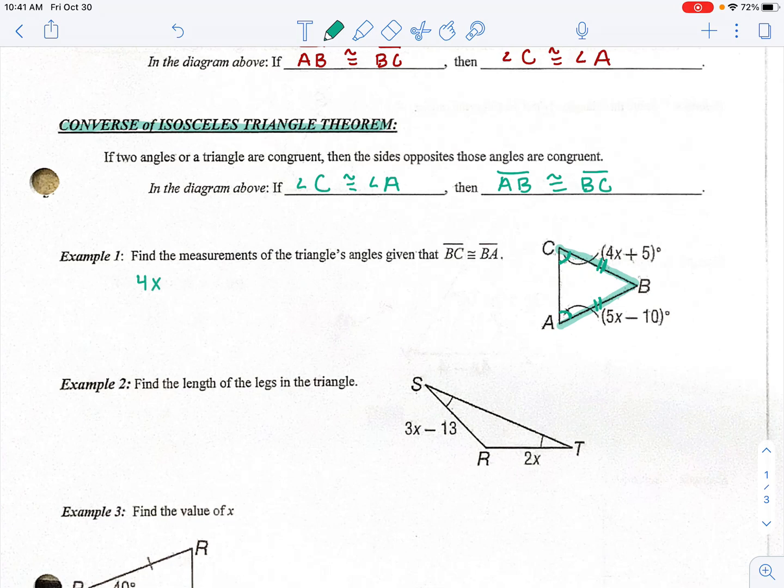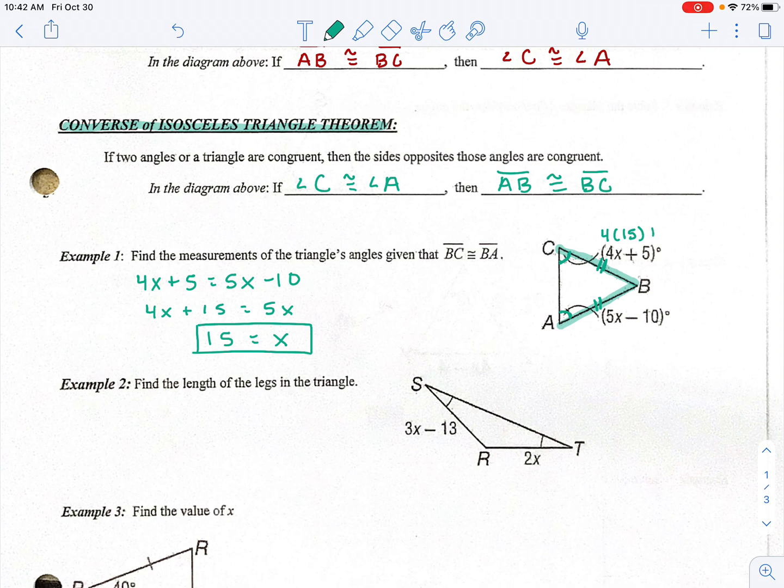So angle C should be the same as angle A. We can set those two angles equal to each other. So 4x plus 5 equals 5x minus 10. And we can solve for x now. I would add 10 to both sides, so I've got 4x plus 15 equals 5x. I'm going to subtract 4x from both sides, so I have 15 equals x.